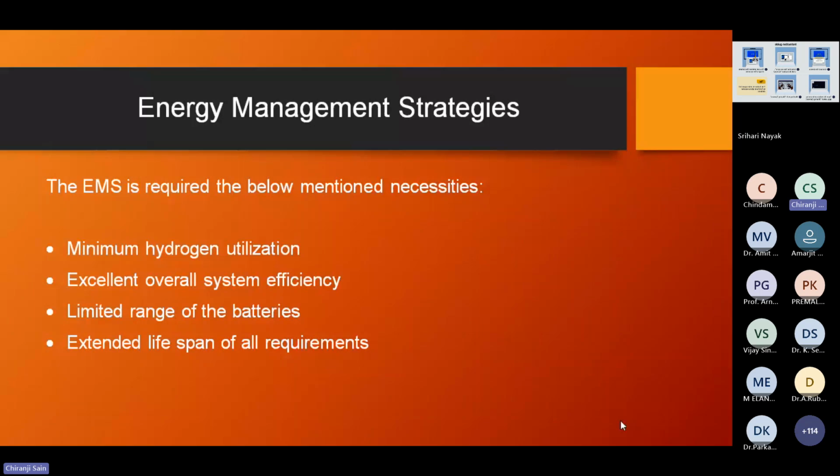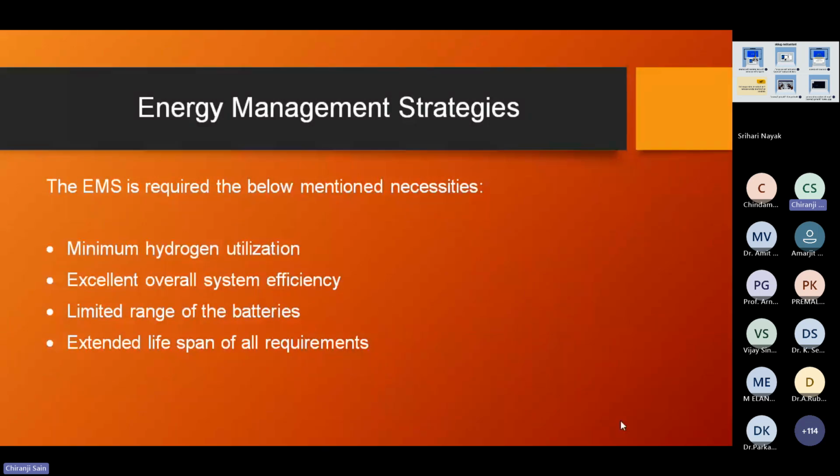But till now, I have not explained what energy management and its techniques are exactly. So energy management is a very important context for hybrid electric vehicle configurations.